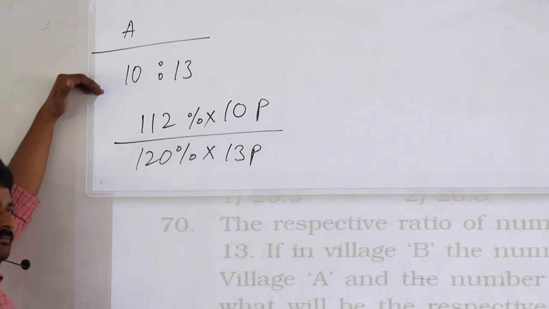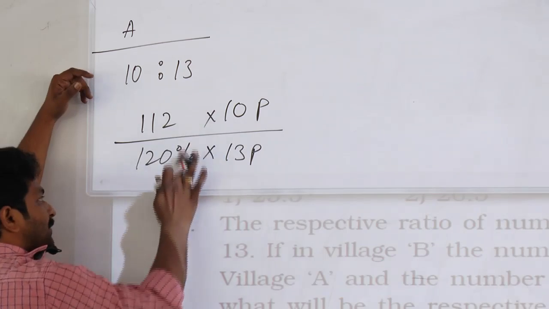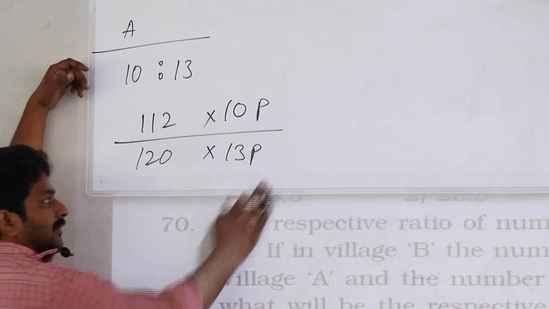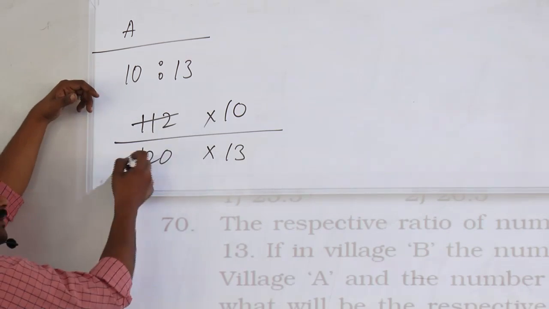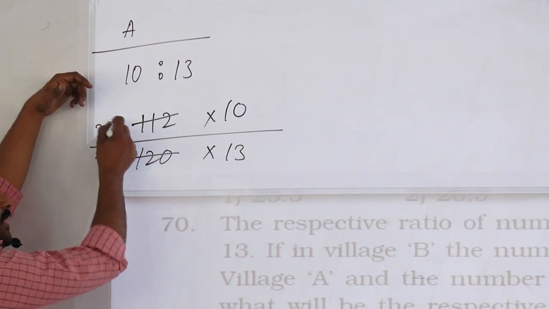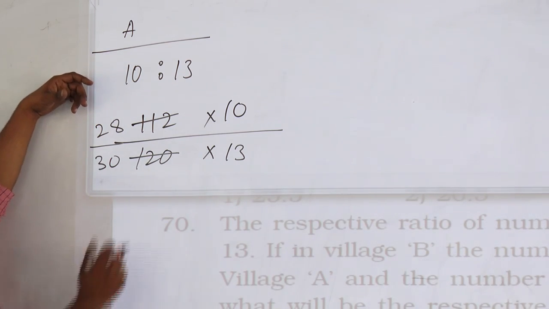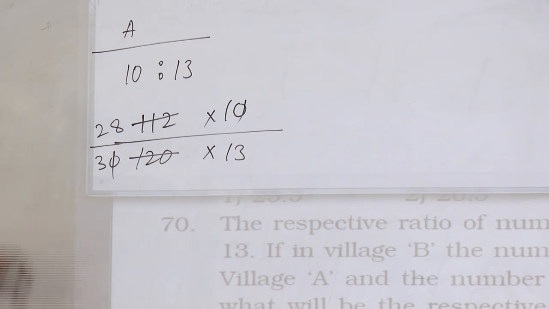You are asked about the ratio between male to female. Percentage, percentage cancel. 30 times, and this is 28 times. 0, 0 cancel. No more cancellation. 28 by 39. Fourth option.